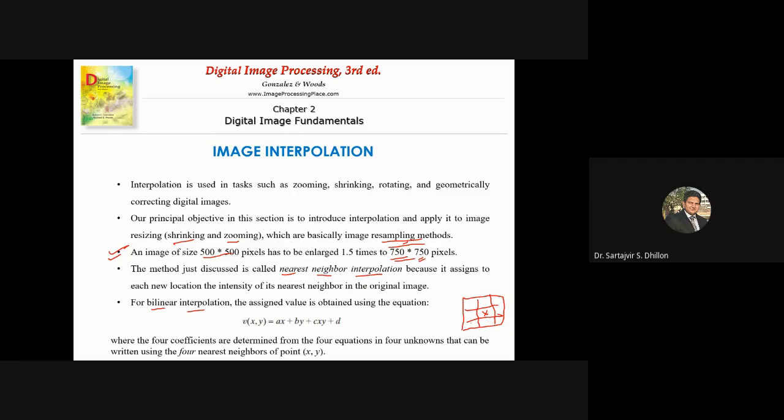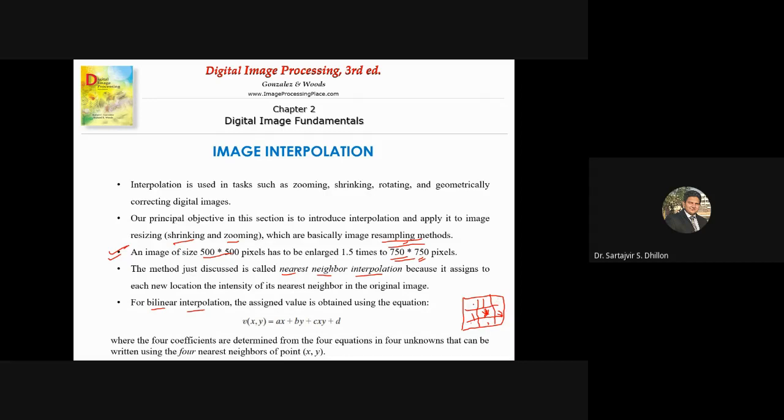So, for example, we have to identify the value of that particular pixel. This one is the x, and these four nearest pixels are in the vertical and horizontal positions. If all are one, then we can assign it as one. There is a slightly different phenomenon, but that is related to the nearest neighbor.